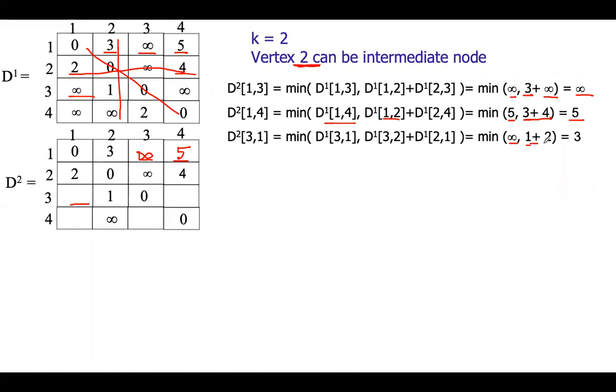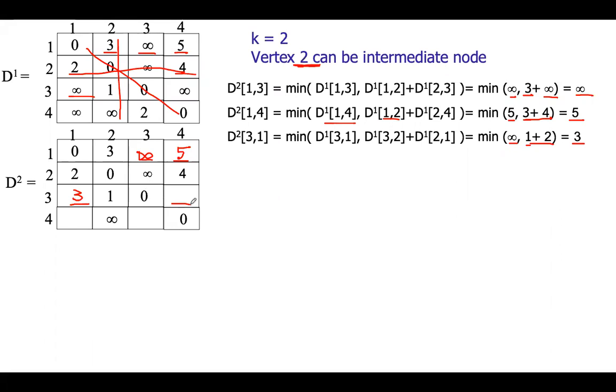So 1 plus 2 is 3. Minimum among 3 and infinite is 3. So here we got the value 3. We got the shortest distance from 3 to 1 if you go through the vertex 2; the distance is 3.